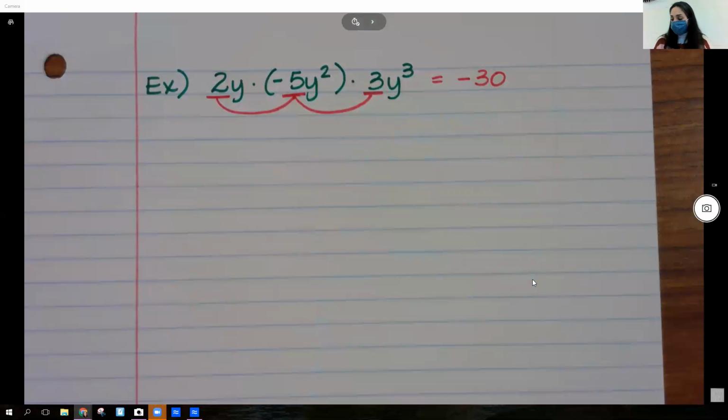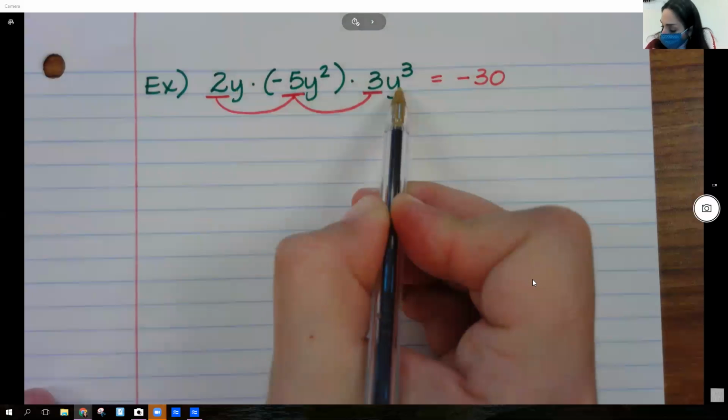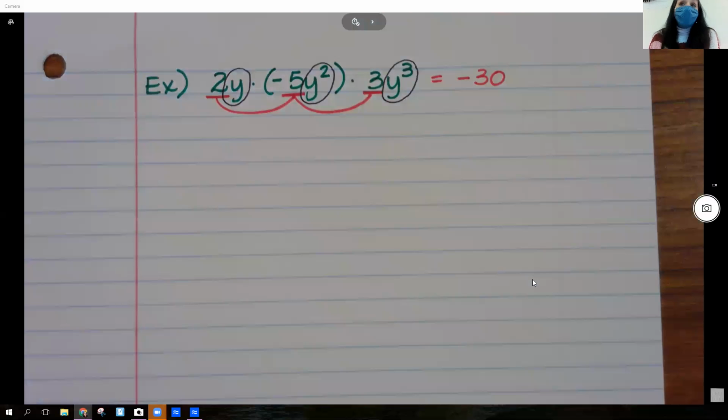Now we're going to do the y's. We have the same variable in all 3 of these, so I can do this all together. This one has 3 of them. That's okay. You're still going to just add all the exponents.